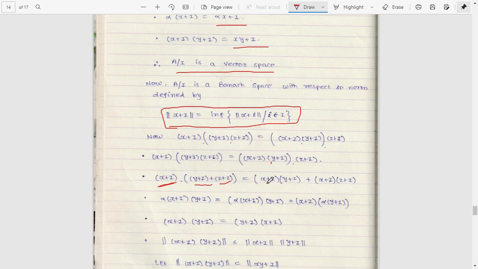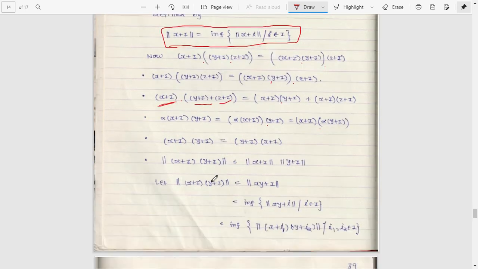This is the distributive property, and alpha (x plus I) into (y plus I) is equal to alpha into (x plus I) into (y plus I), which is equal to (x plus I) into alpha (y plus I), and (x plus I) into (y plus I) is equal to (y plus I) into (x plus I).